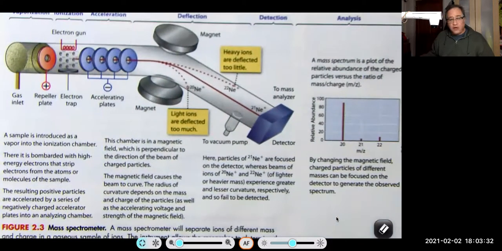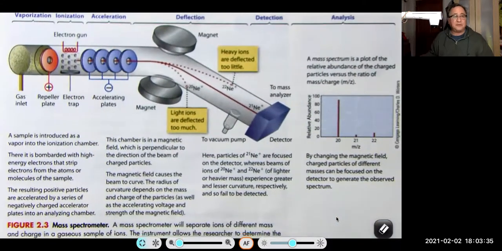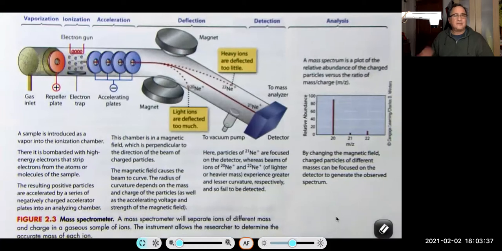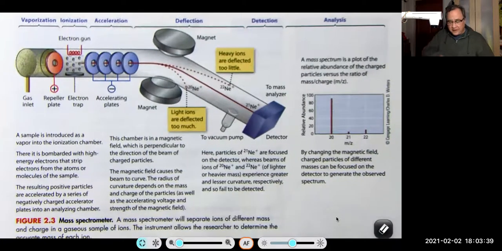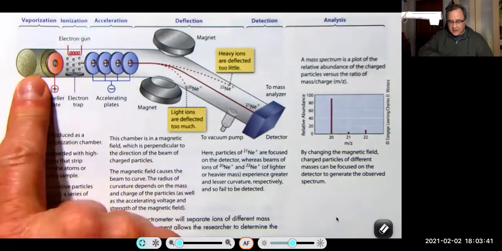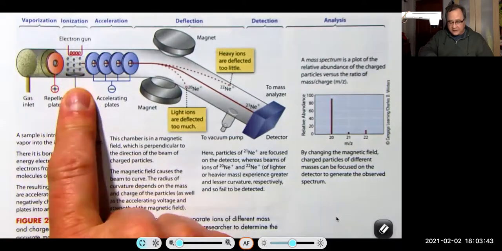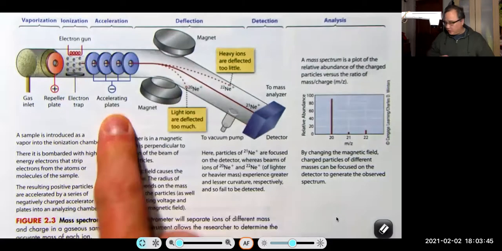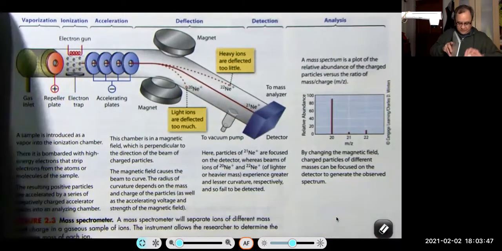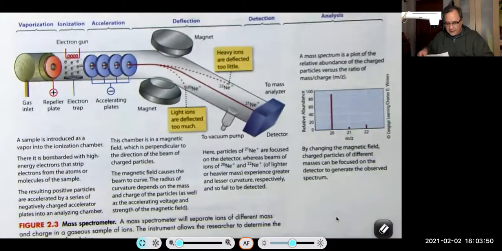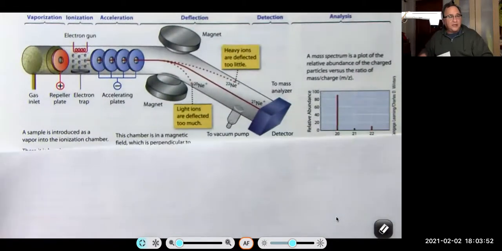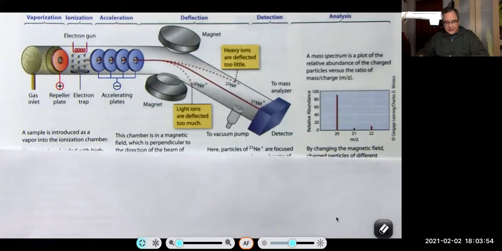So let's look over the pieces of the mass spectrometer. You can see that we've got the vaporization area, the ionization area, the acceleration area, deflection, and so forth and so on. So let's talk about what happens in each of these areas.